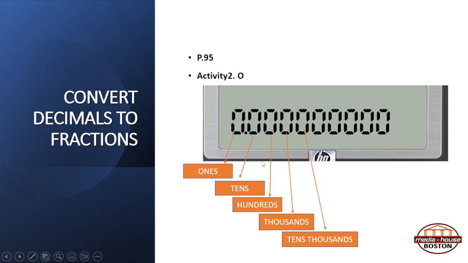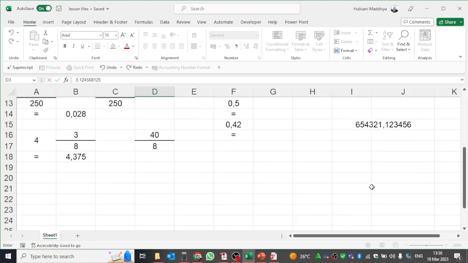If you remember, we did cover place values, which I'm going to explain using this example.